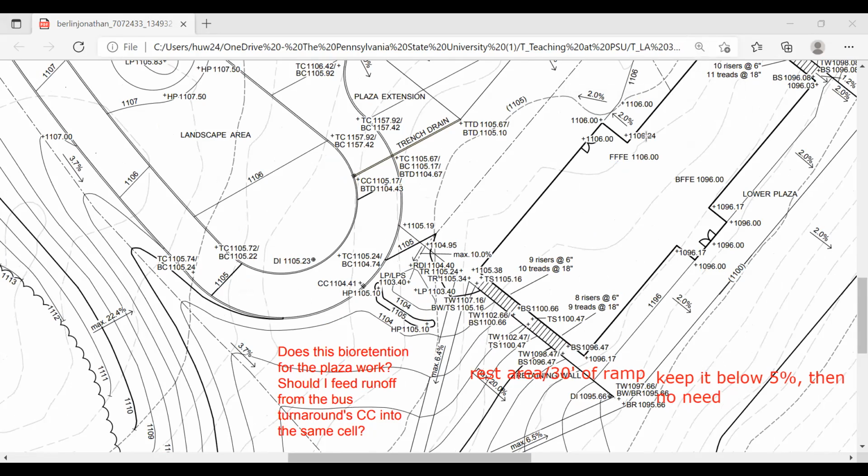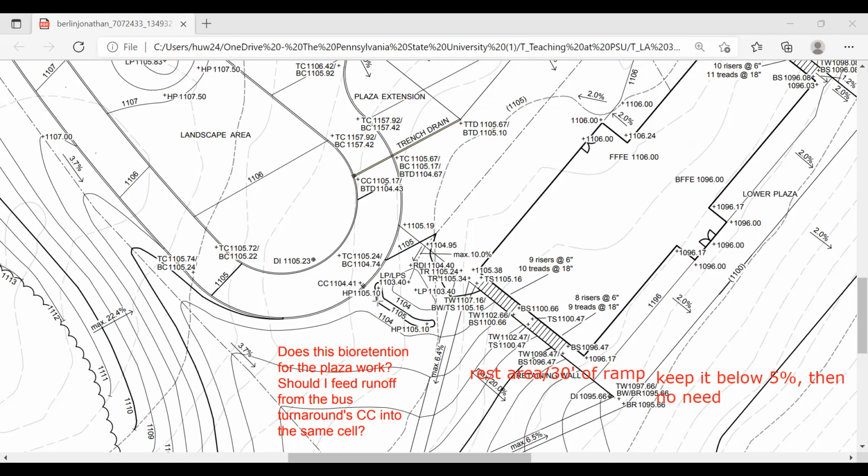Okay. Yeah, your 1105 contour goes like that, and you have your RDI equal to 1104.40. So that's why you would have a 1104, then another 1105. Then you have 1104 below. So it could be, this works.